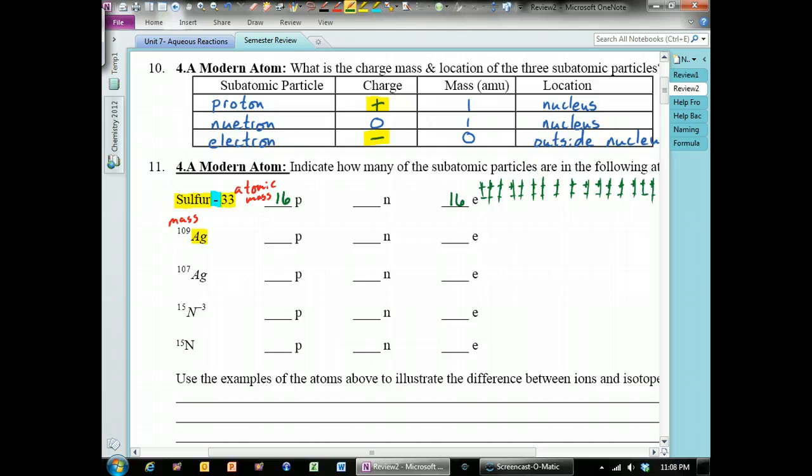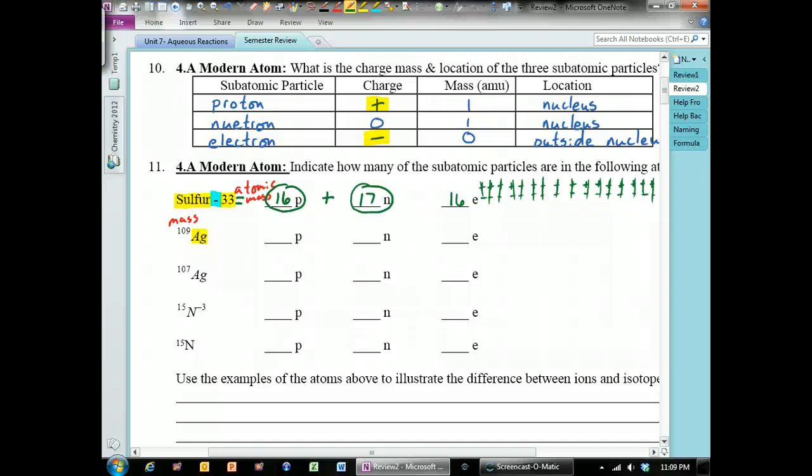We can use that to help figure out how many neutrons there are. You have to have a number here that will add to the number of protons, and when you add those together, that is going to be equal to 33. That means neutrons is going to be 17. We're going to use that same logic for the rest of these.